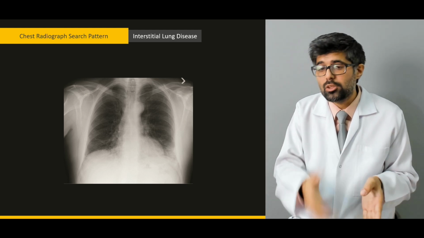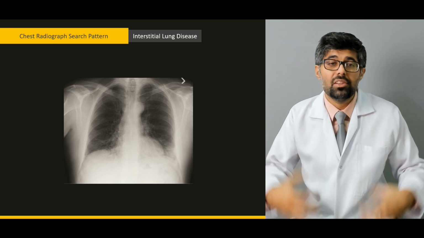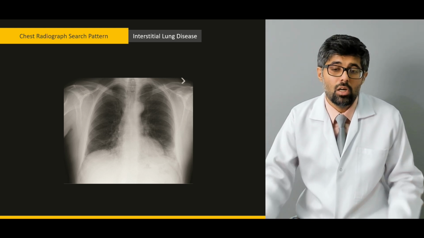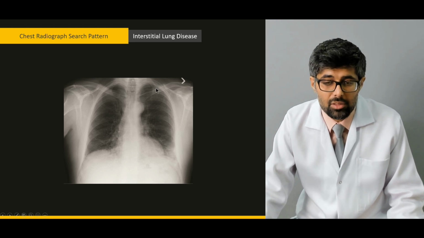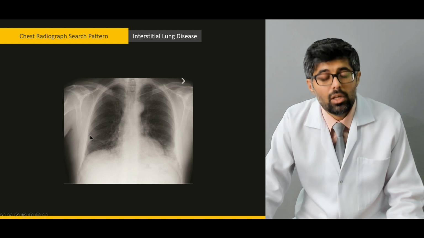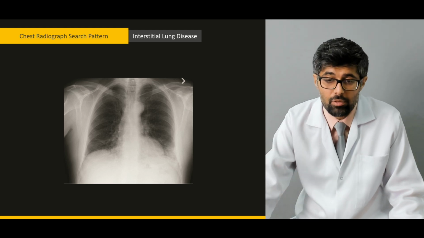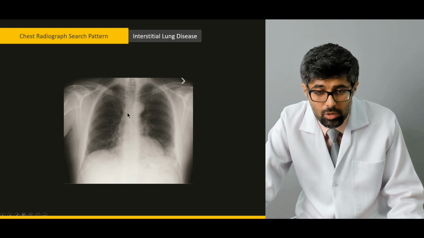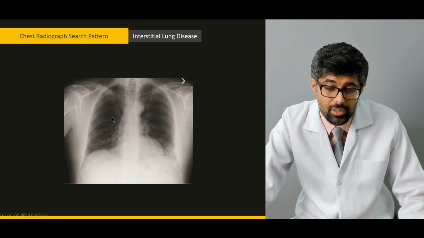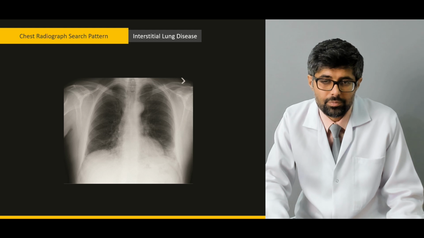And because of this loss, there's an increased amount of air inside the lungs, and that gives the impression of more air inside the lungs. This picture can also be mistaken for asthma, because in asthma we also have a large residual volume, but this picture along with this left right mediastinal border is usually an indicator of interstitial lung disease.